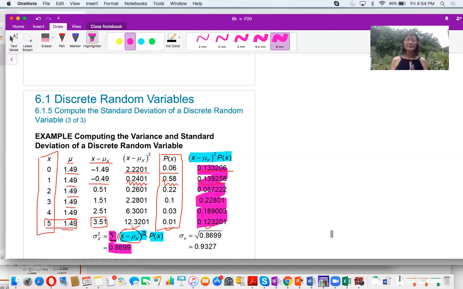So the variance is 0.8699. Once you get the variance, you take the square root of the variance, you get the standard deviation. So the standard deviation is 0.9327.